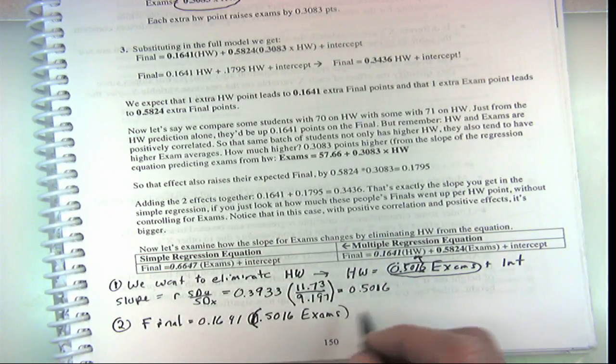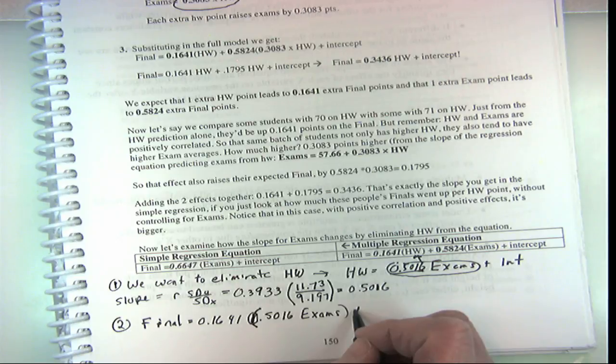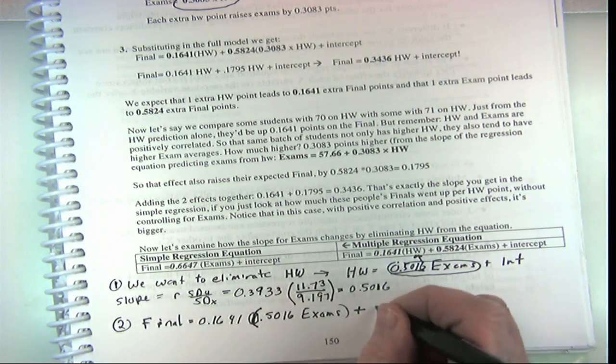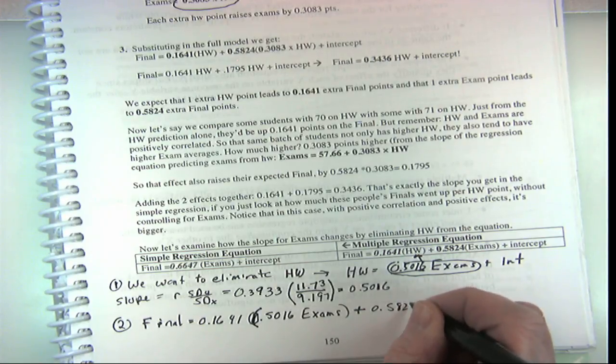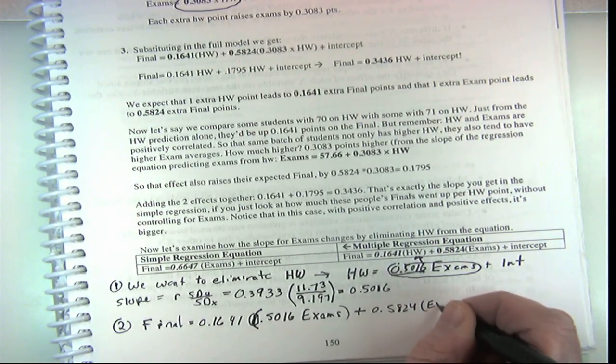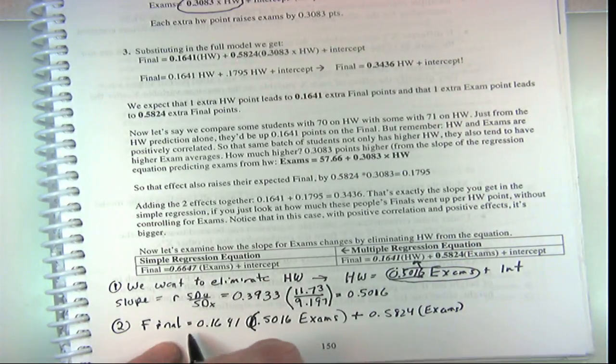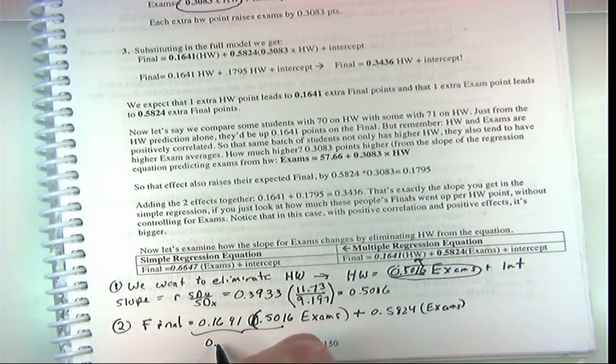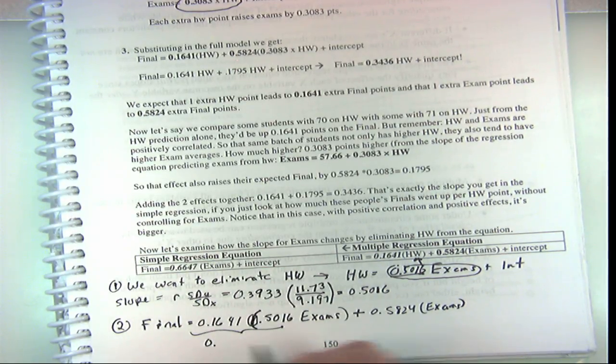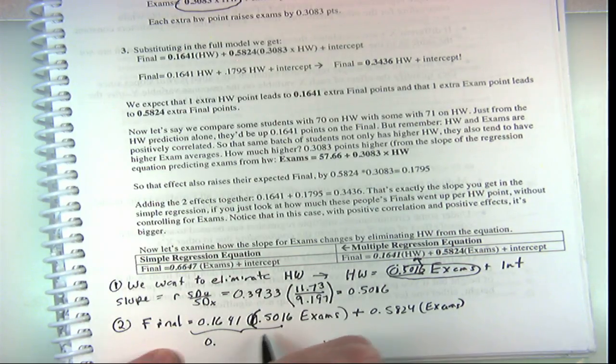0.5016 times the exams. That plus what? 0.5824 times exams. So now this right here, when I multiply those two together, I get 0. What do I get?